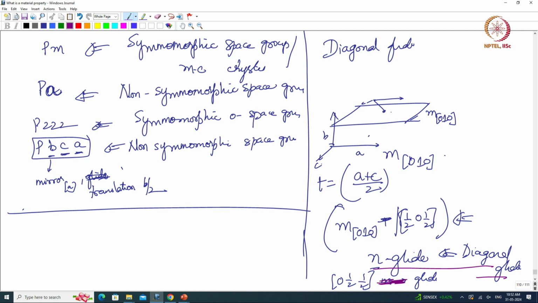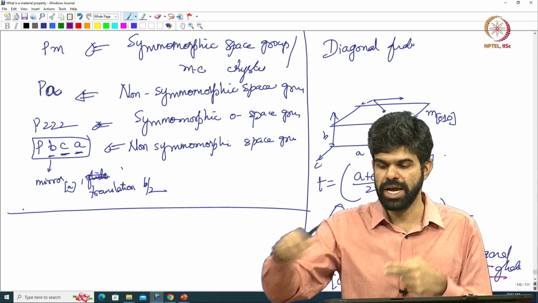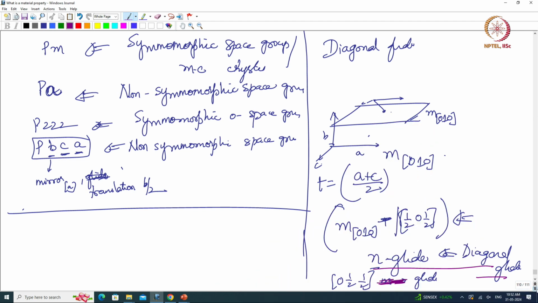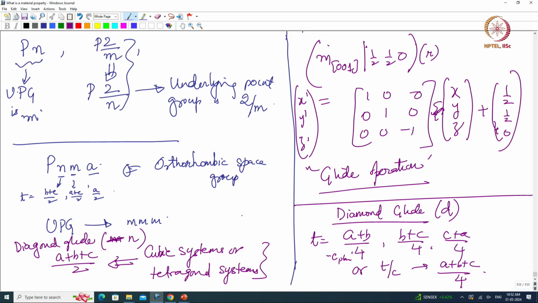In all the low symmetry crystal systems the N glide is parallel to the mirror plane, but diagonal to the axis. It is not an axial glide, but a diagonal glide. Whereas M in Pnma, I do not have any translation here, this is not a glide plane, this is just a mirror operation. I am sorry for that.